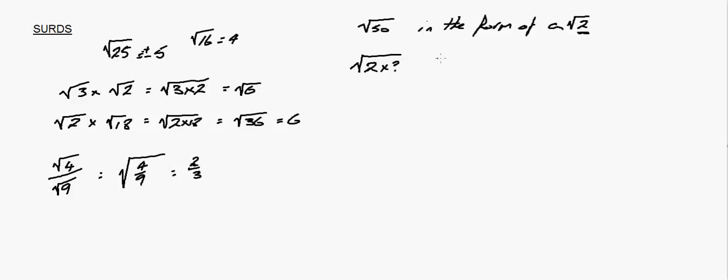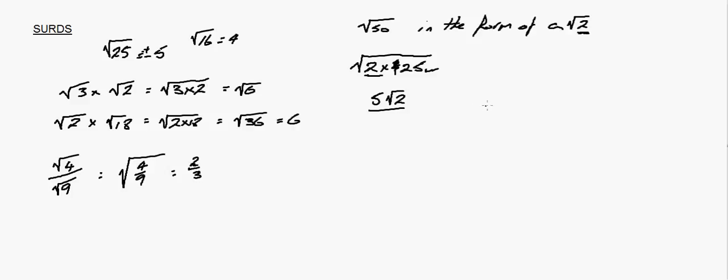Now I know that 2 times 25 is 50. So this is root 2 times 25, and this will always be a square number in the exam. Now I don't know the root of 2. I do know the root of 25 is 5, so that can come outside the bracket. So I'm left with 5 root 2, and this is a surd.